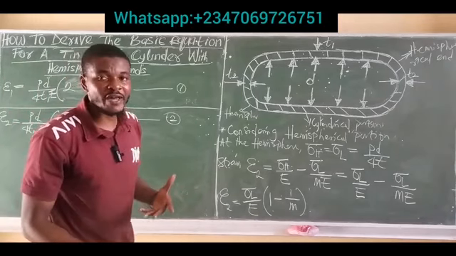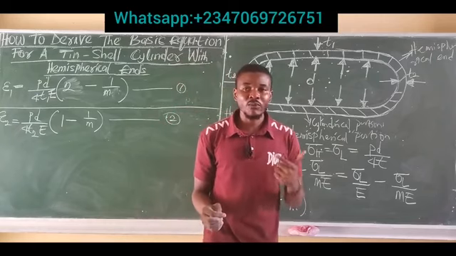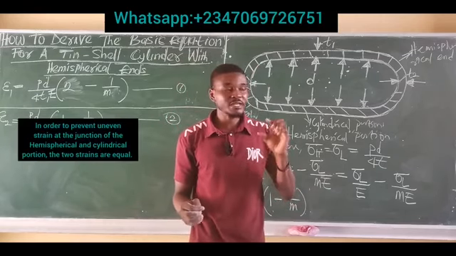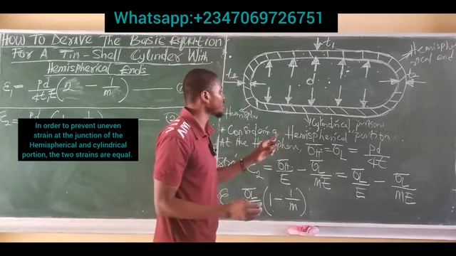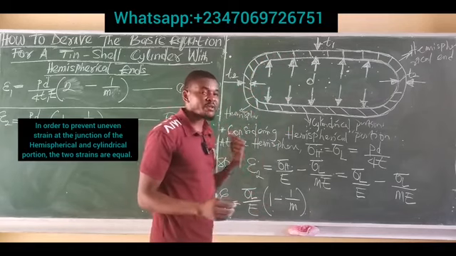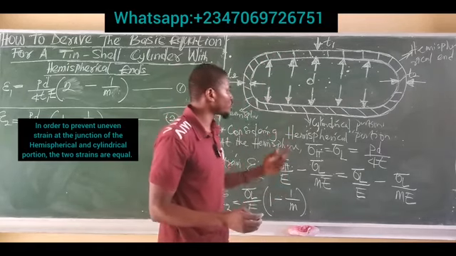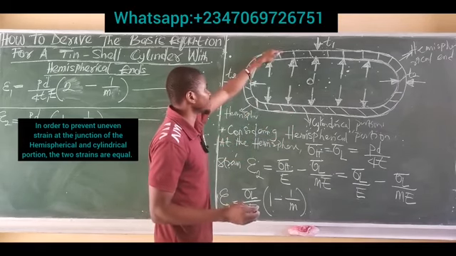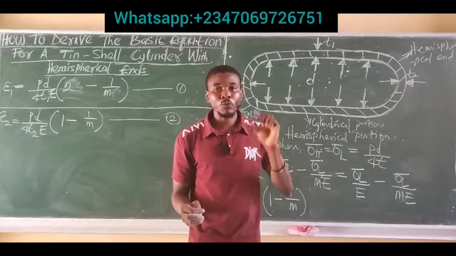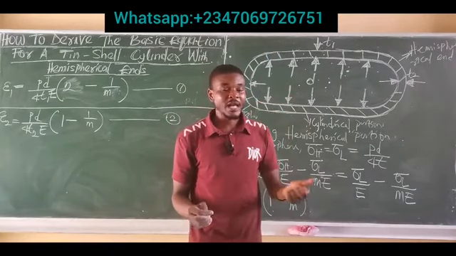Now, at the point of equilibrium, the two strains are equal. That is simply saying that to prevent uneven distortion or straining at the junction between the hemispherical portion and the cylindrical portion, the two strains must be equal, to prevent uneven distortion or uneven distribution at this junction.